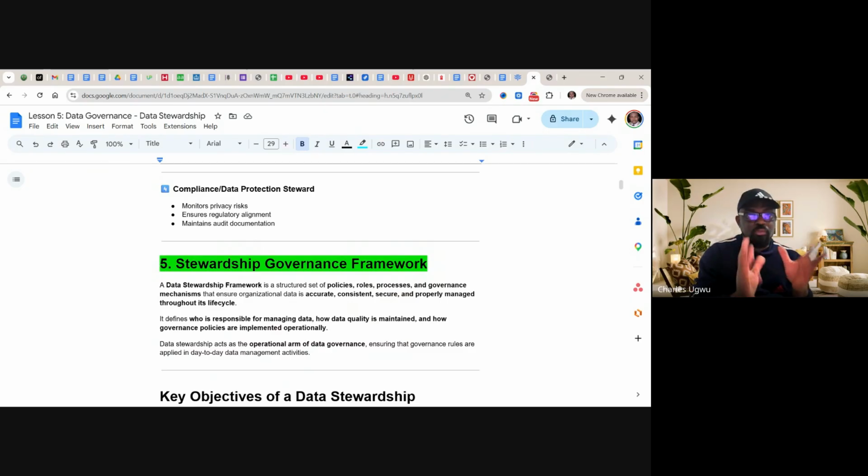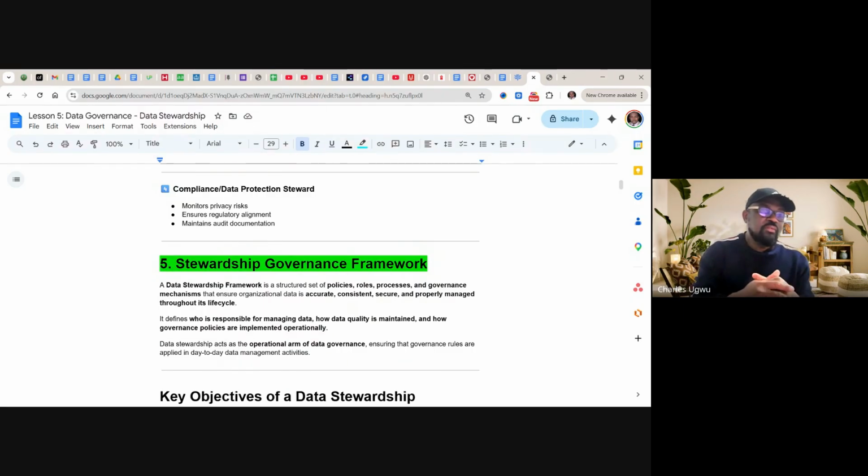Once you come up with a very good framework, it's going to help make sure that the data stewards do their job very well, understand what they are meant to do, and what is obtainable within the industry they are working. So that is why the framework is very good.